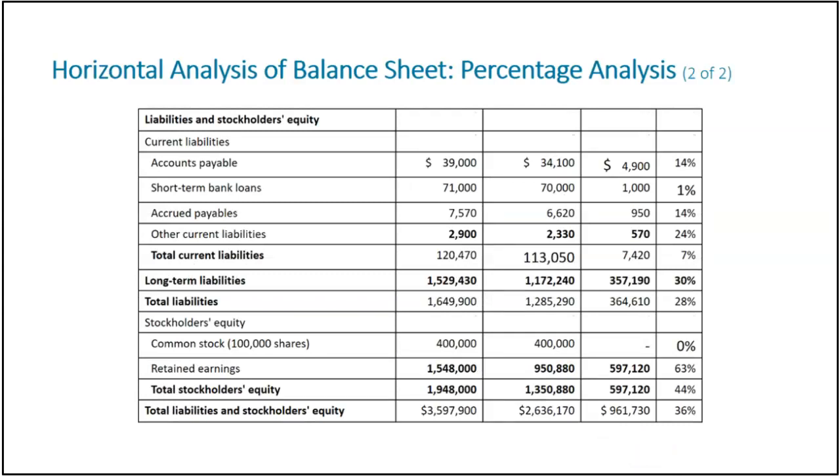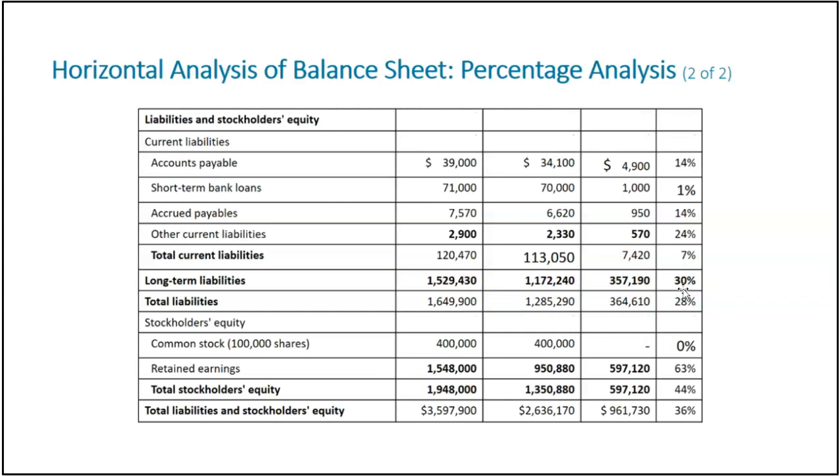Now here is the liability and then stockholders' equity section, and you can see that long-term liabilities increased by 30%. So we had $1,172,000 in, say, long-term bonds or some kind of long-term debt, and now it's up to $1,529,000. So that's an increase of $357,000. Our debt went up by 30%.